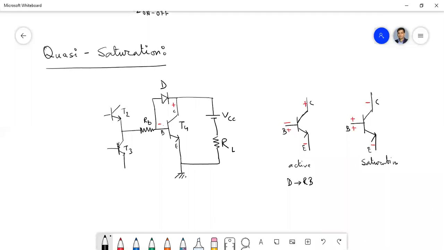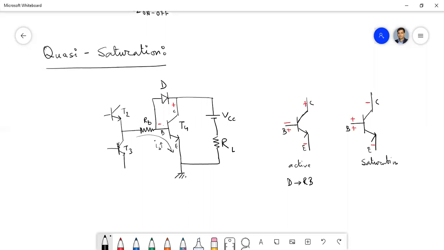That means no current can flow through it, so current will flow only through the base emitter junction. If the base emitter current is getting increased, the transistor T4 will be in the switching on state, isn't it?